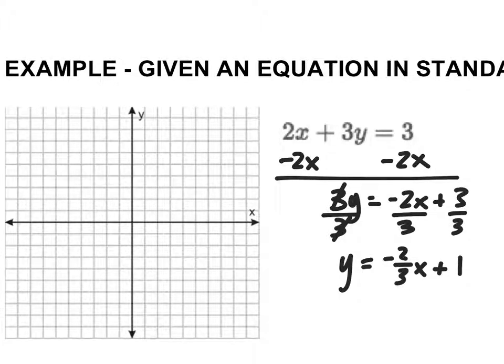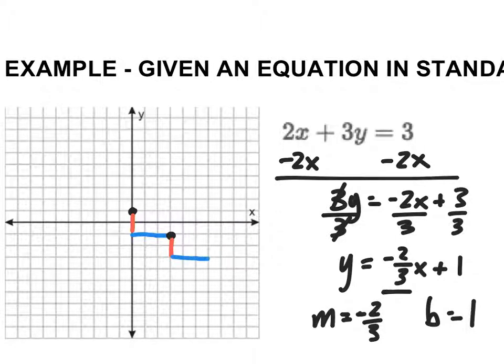Okay, now that I have this in slope-intercept form, I have my slope, m is equal to -2/3, and my y-intercept, b, is equal to 1. So when I have that, I'm going to plot my y-intercept of 1 and then use my slope to generate other points. I'm going to go down 2, to the right 3, and plot a point. Okay, and I can repeat that process to get more points.